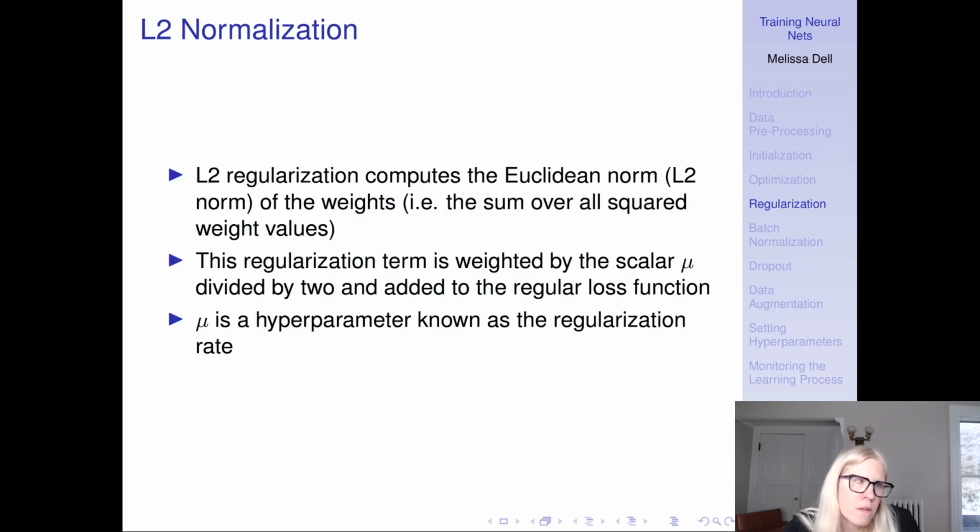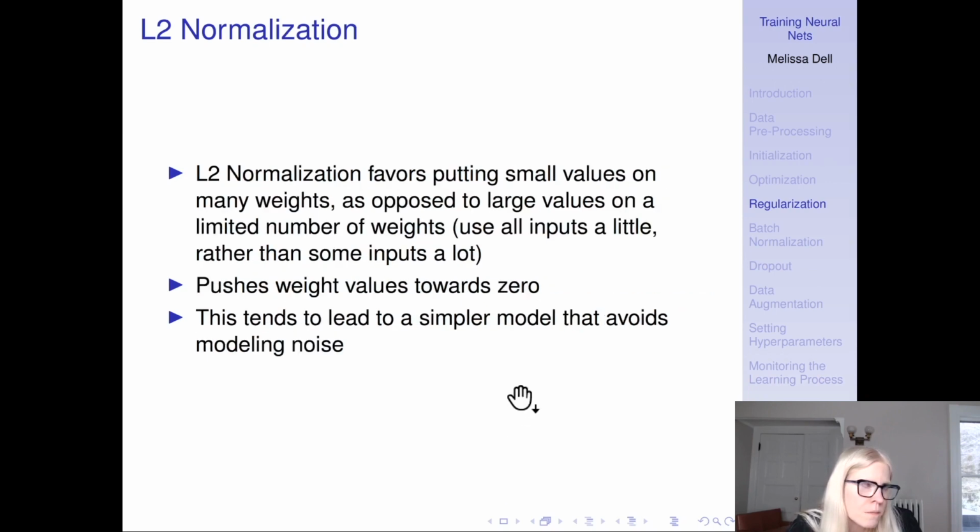A common type of regularization traditionally was called L2 normalization. And so it computes the Euclidean norm of the weights, that is the sum over all the squared weight values. And this regularization term is weighted by a scalar mu divided by 2 and added to the regular loss function, where mu is a hyperparameter known as the regularization rate.